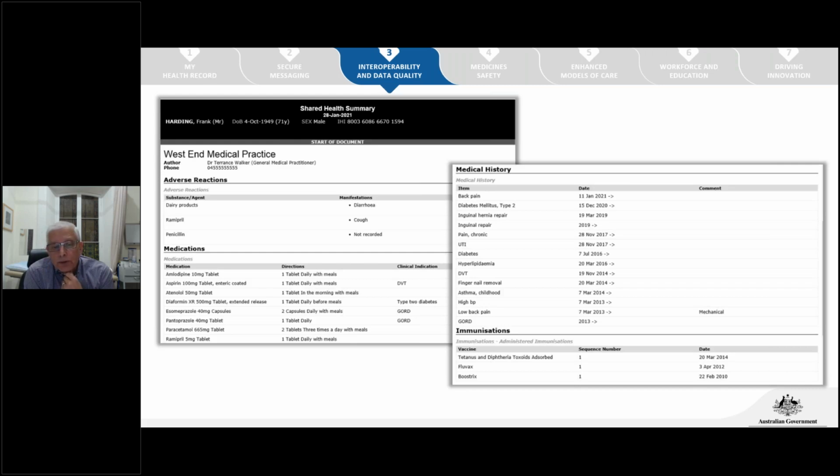So some of these things, the fingernail removal is going to be obviously a past procedure. Childhood asthma could imply it's all resolved. This person's now an adult. There's a lot of things that still need to be tidied up, I think, in terms of separating these items into inactive and active.